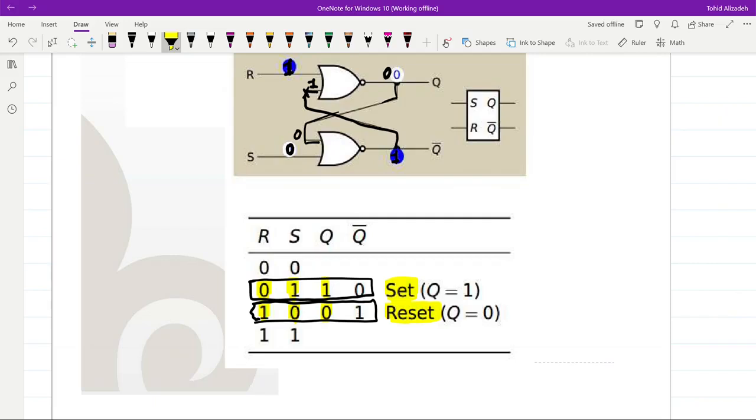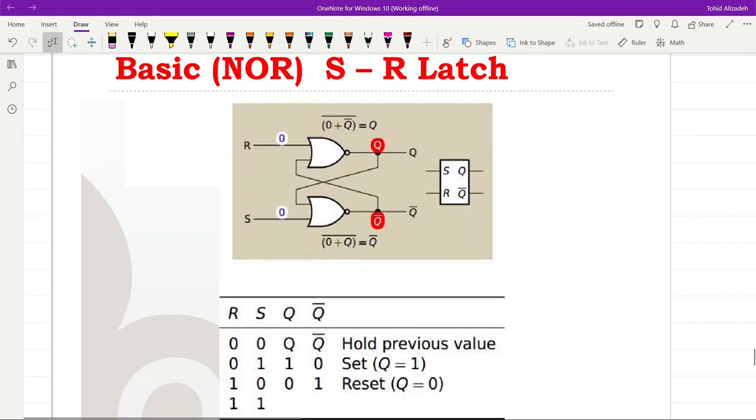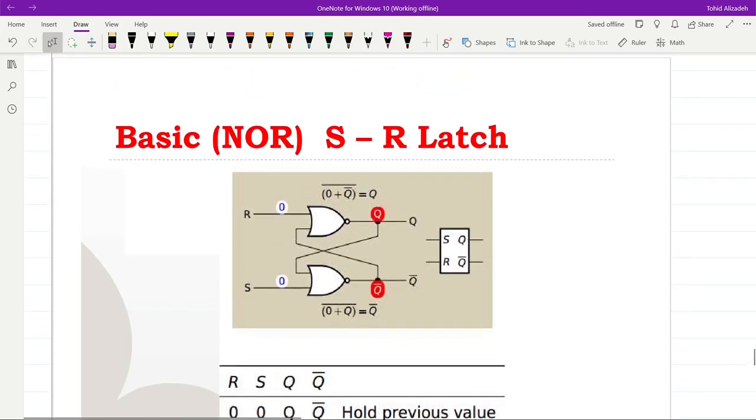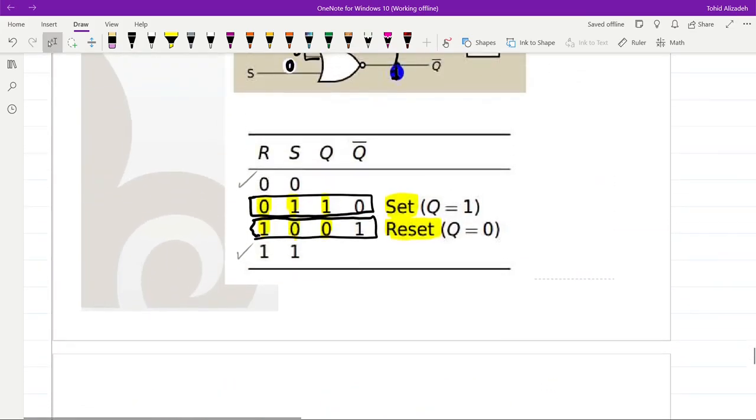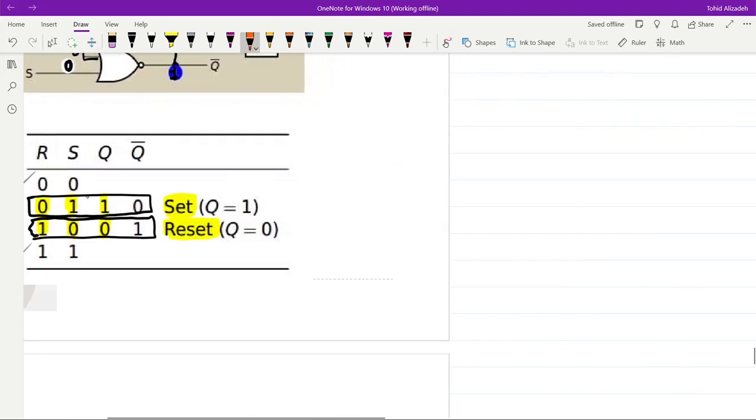Okay, now we need to see what happens when we provide 0 and 0 for the inputs, or 1 and 1 for the inputs. First, let's consider 0, 0. So let me draw and show it here.